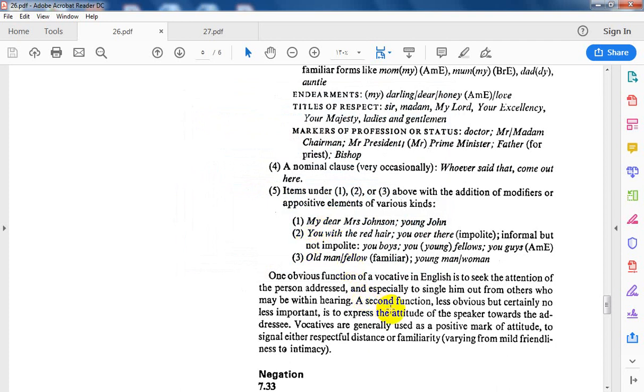Second function, less obvious but certainly not less important, to express the attitude of the speaker towards the addressee. How? The attitude of the speaker towards the addressee. For example, when I say to him "Mr. Ahmed," versus saying "you" to the same Ahmed, there will be some sort of social difference here.